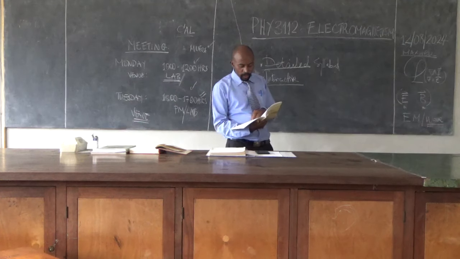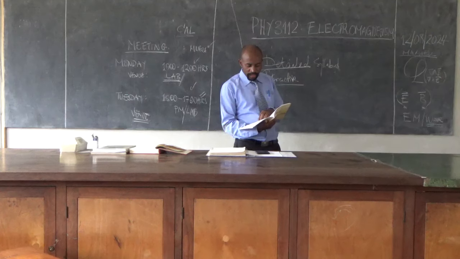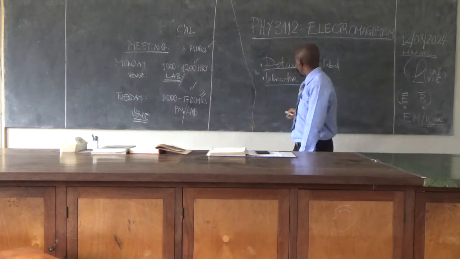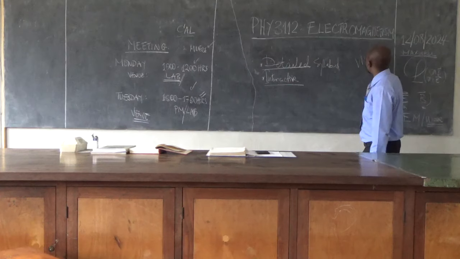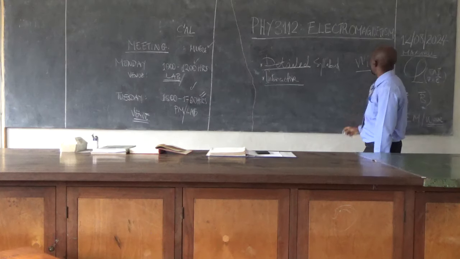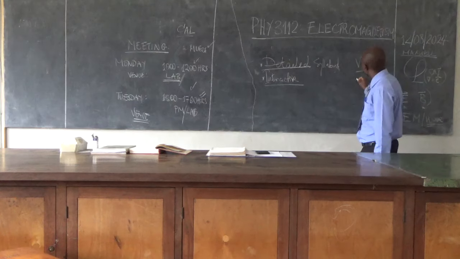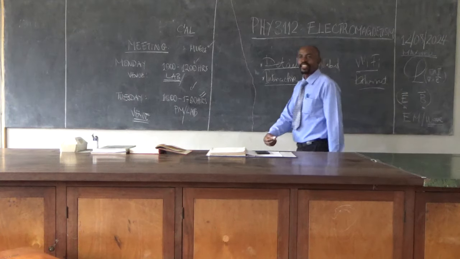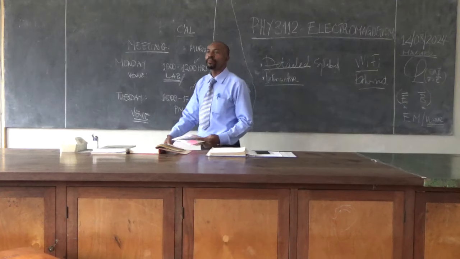So the course description is that this course covers electrostatic fields, both in space and in matter. So we shall be able to understand how Wi-Fi works, and of course how Ethernet works. Ethernet is this cable which you plug in your PC.